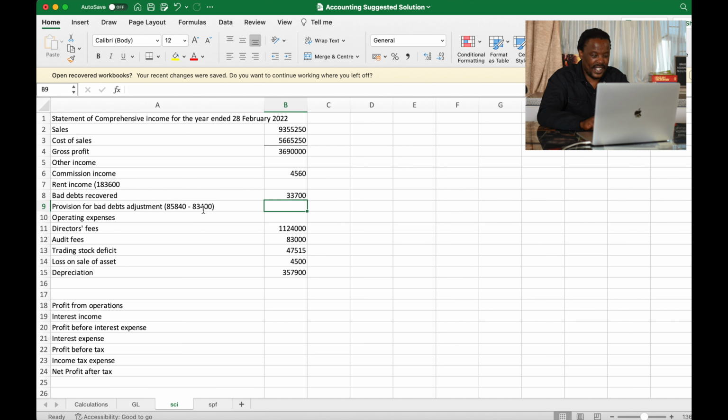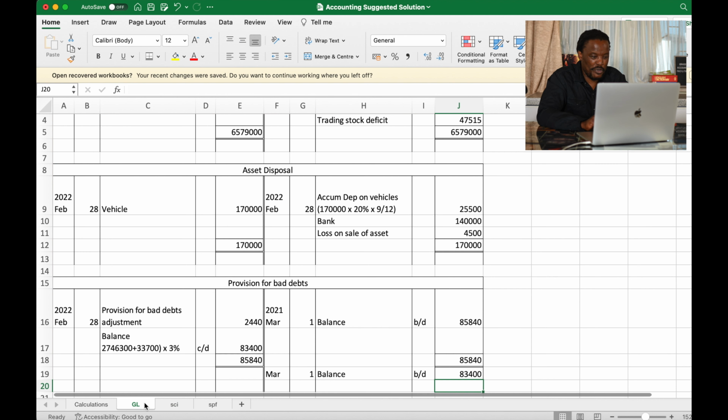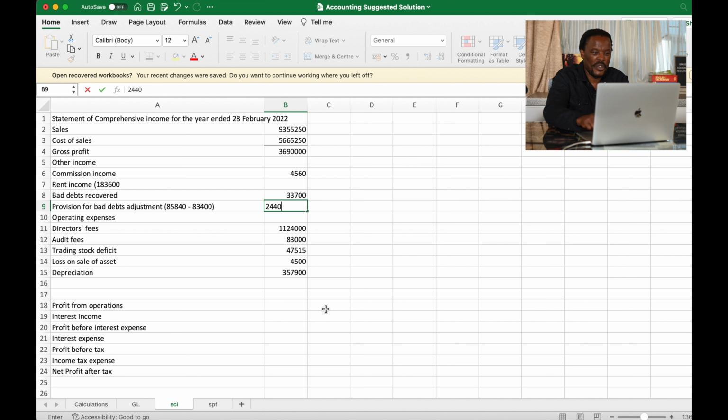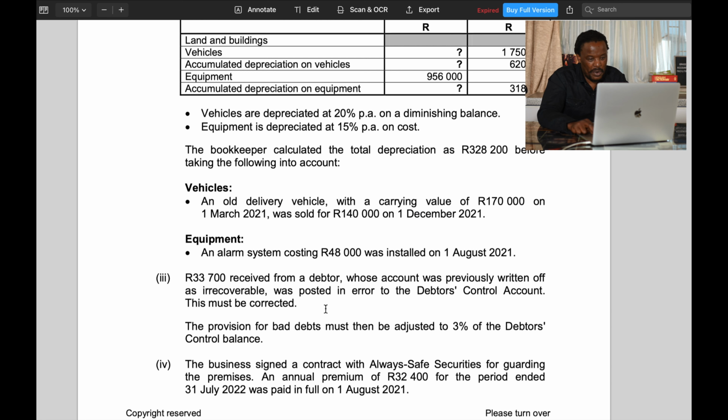Take the maximum, and then you know that you got the amount of 2,440. 100%.